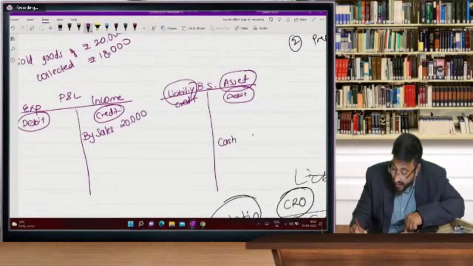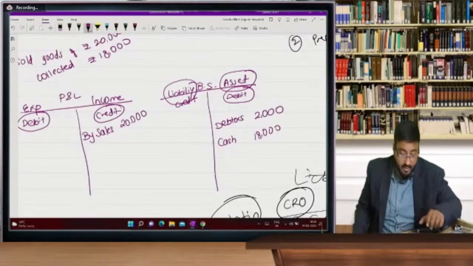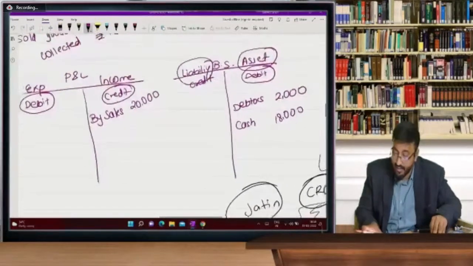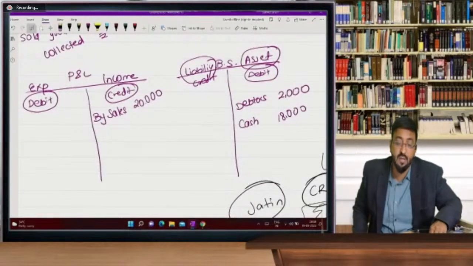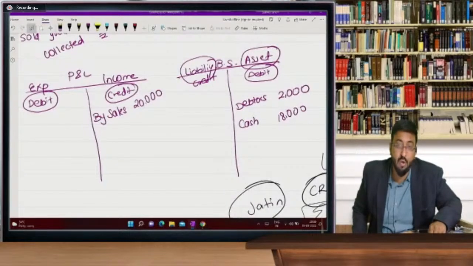Asset side cash 18,000. And debtors 2,000. Still debtors 2,000. So beta, this is the next step that you have to visualize. Income account credit side, debtors 2,000 and cash collected 18,000. So debit balance 2,000 plus 18,000, and credit is total 20,000. So 20 is matching with 20.